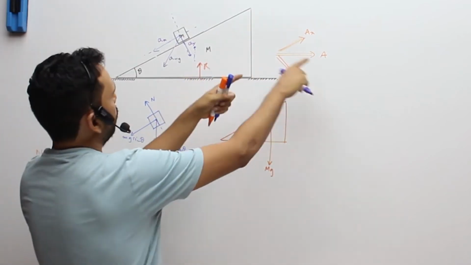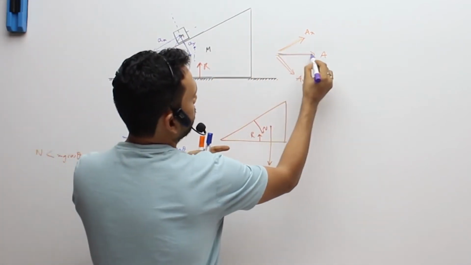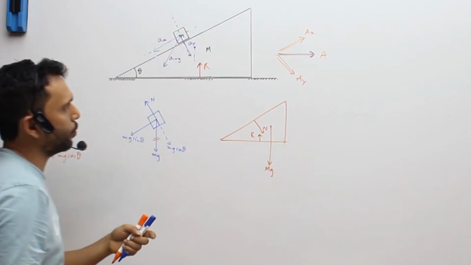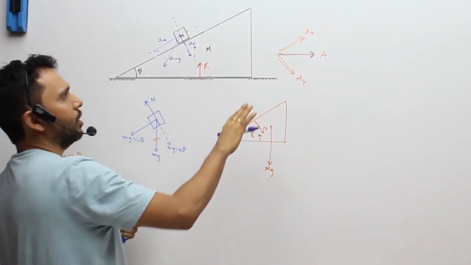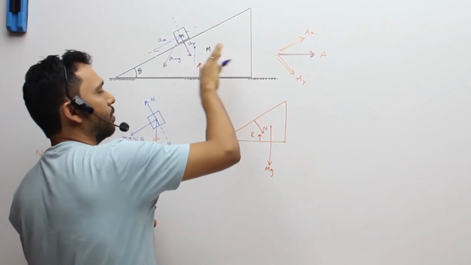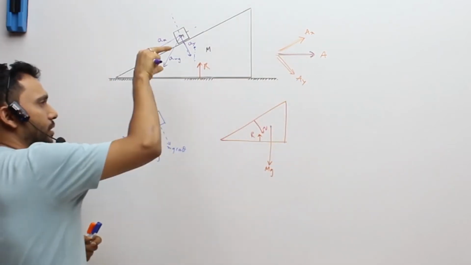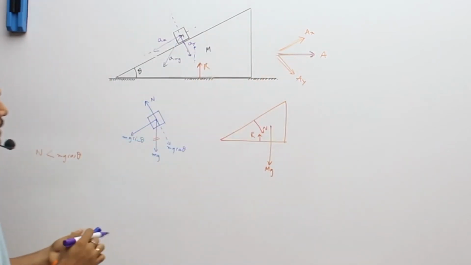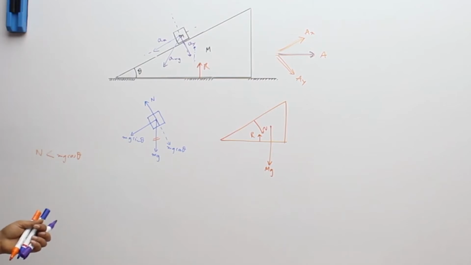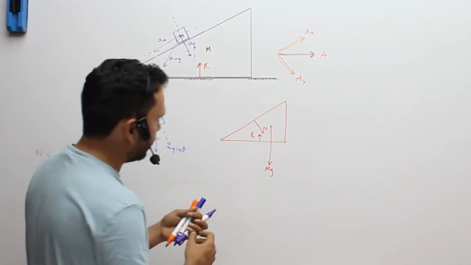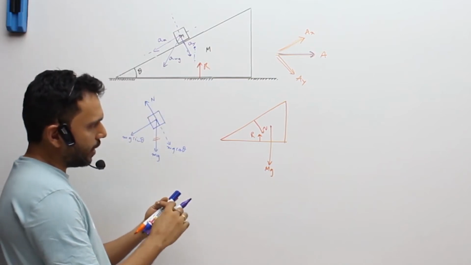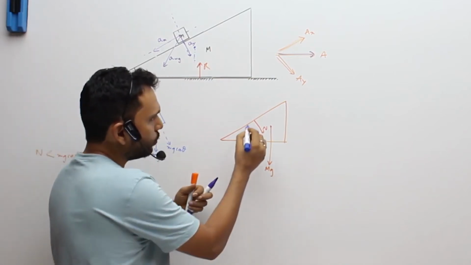And the acceleration of the big mass is this, again broken into two components. But we are going to write the MA equation of the big mass in that direction itself. So let us make the equations. The big mass equation is quite easy to write, so shall we write that?